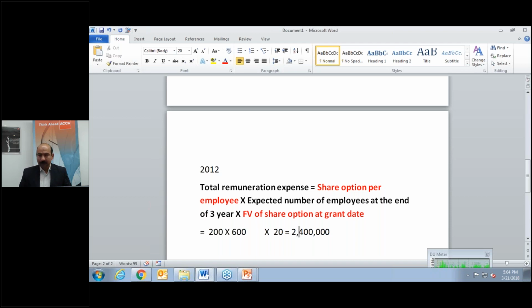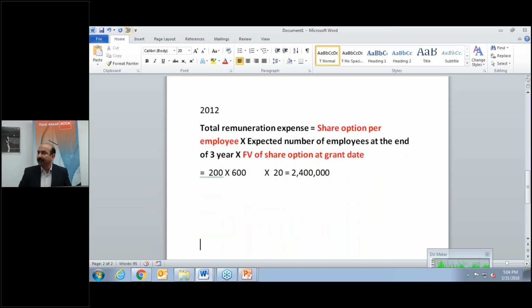What we will do, we shall be calculating, because the vesting period is two-third. So we shall be multiplying 2 divided by 3 into 1,600,000.